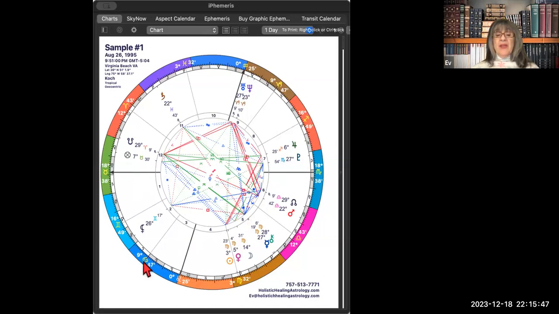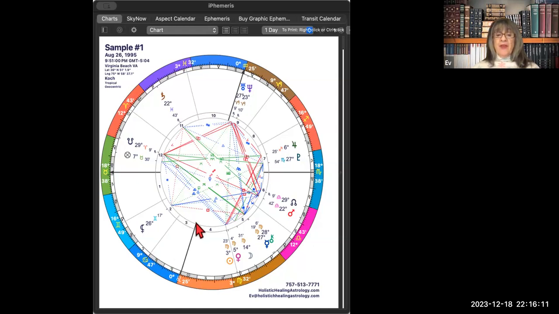So now we get a clear understanding that the houses, the edge of the houses, this particular one is 16 degrees Gemini, 49 minutes. The third house cusp is 9 degrees Cancer, 47 minutes, right here.